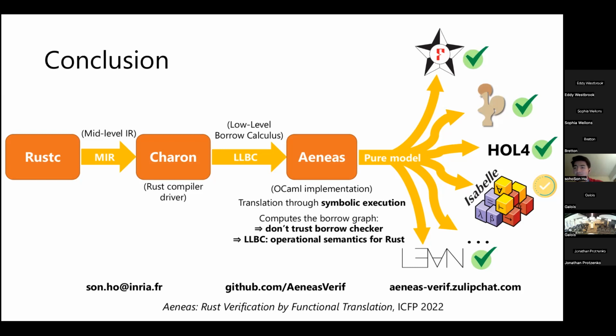How do we formally connect Rust and its operational semantics, or denotational, whatever semantics you want, with the translations in the various theorem provers?